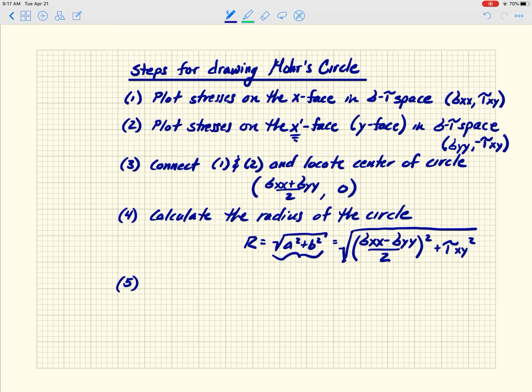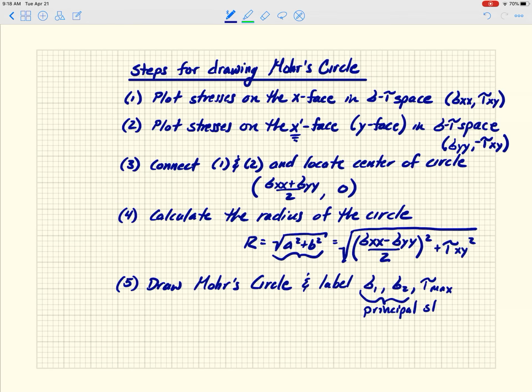Step 5 is to draw Mohr's circle and label sigma 1, sigma 2, and tau max.